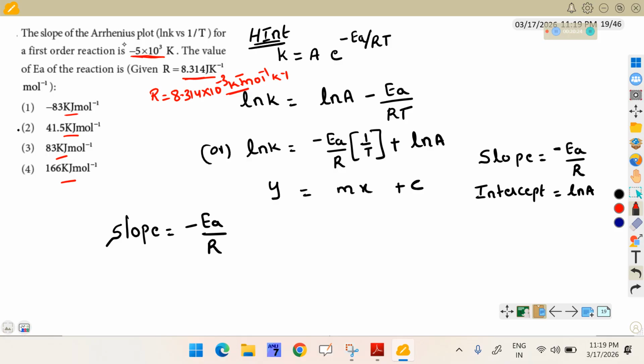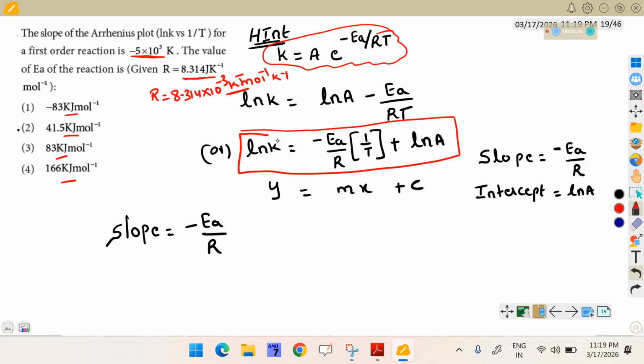Consider the Arrhenius equation, k is equal to A into e power minus Ea by RT. Apply ln on both sides, then you will get this equation, which is in the form of y is equal to mx plus c, a straight line equation. Here m is the slope, slope formula is minus Ea by R. The slope is given, minus 5 into 10 cube is equal to minus Ea by R. R is 8.314 into 10 power minus 3.